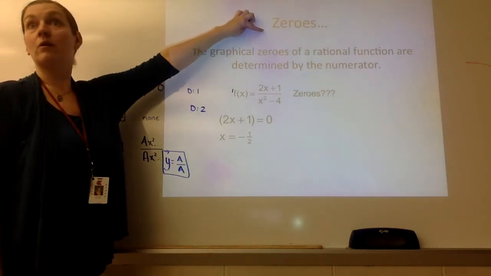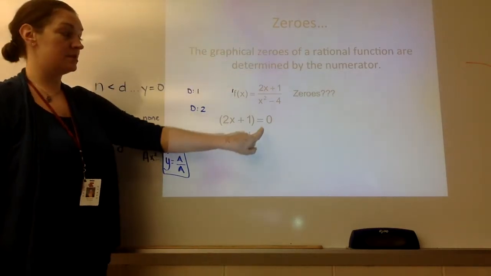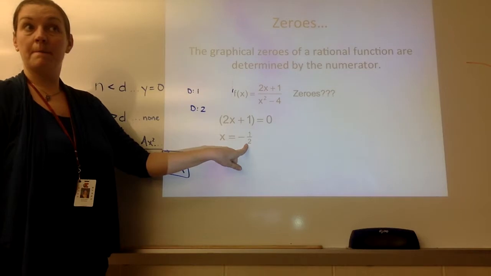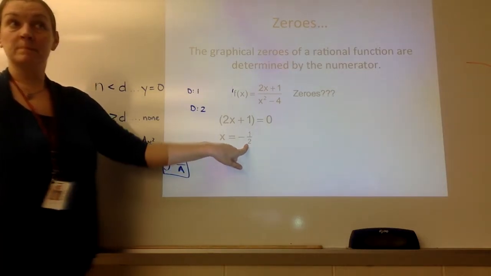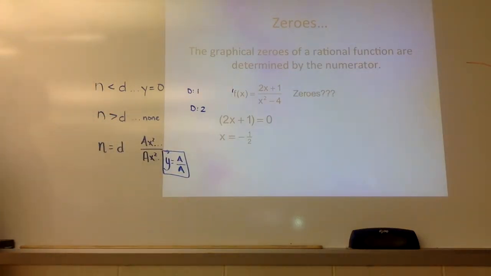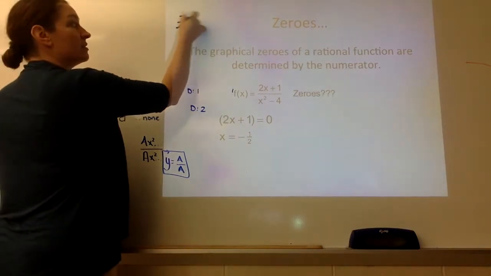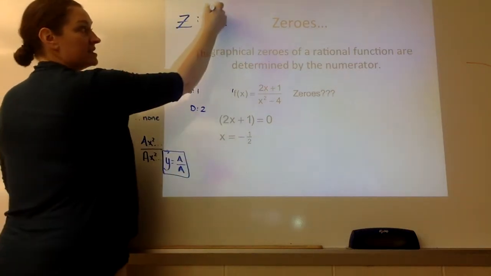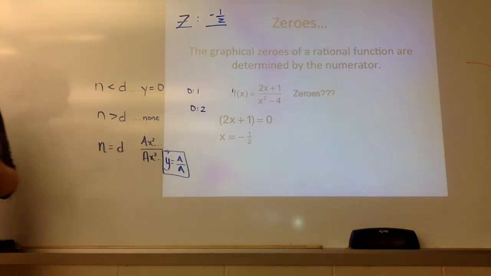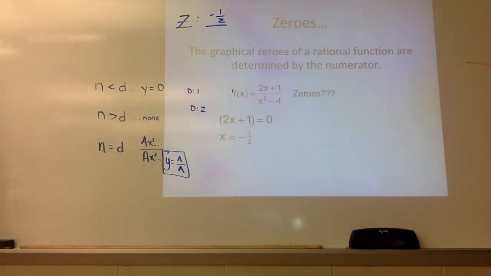Hence, it's a 0. Okay. So just like earlier in the unit when we said, what's the 0? The only 0 we have is negative 1/2. That's what they're asking using that big word, zeros.